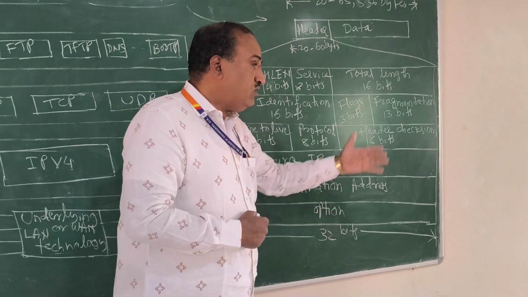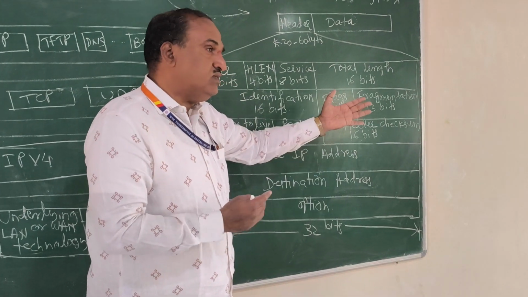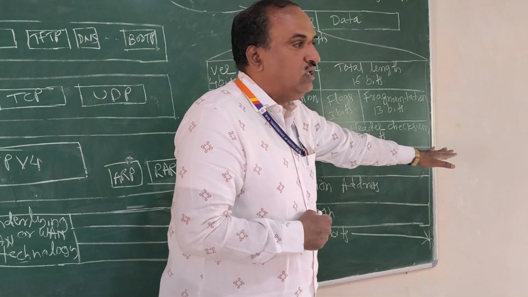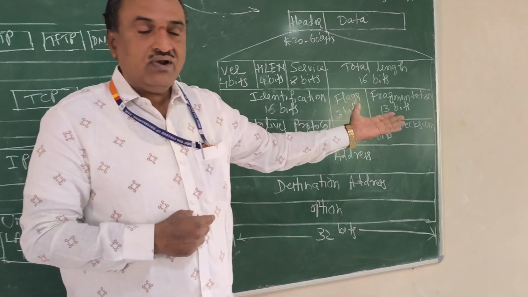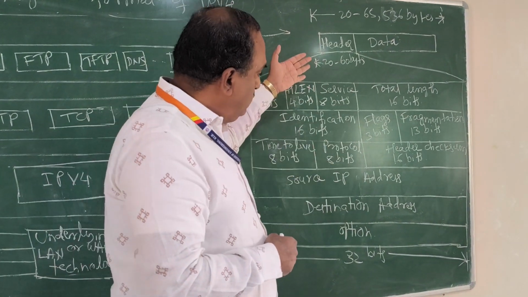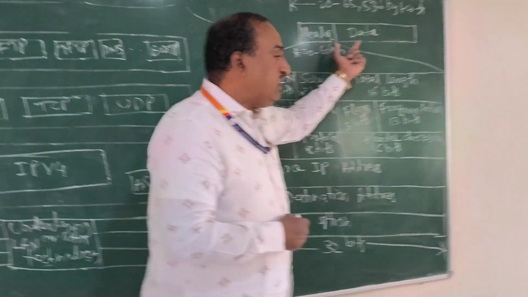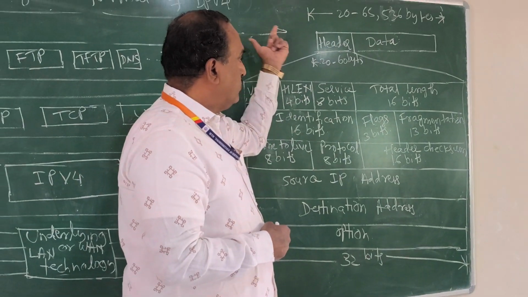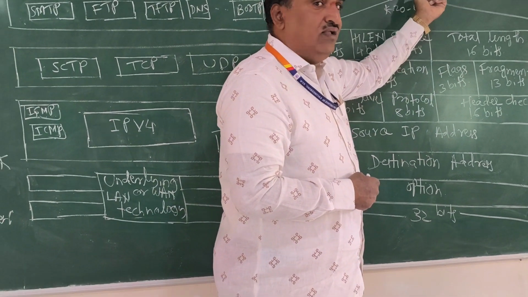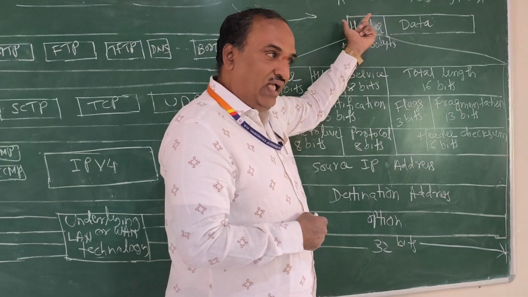When it is transmitted to the receiver, it is received in reverse, the opposite order. First the data goes to the data link layer, next the network layer, next the transport layer, next the session layer, like this. The data is encapsulated by all the headers: the application layer adds its own header and trailer, and the network layer its own header.